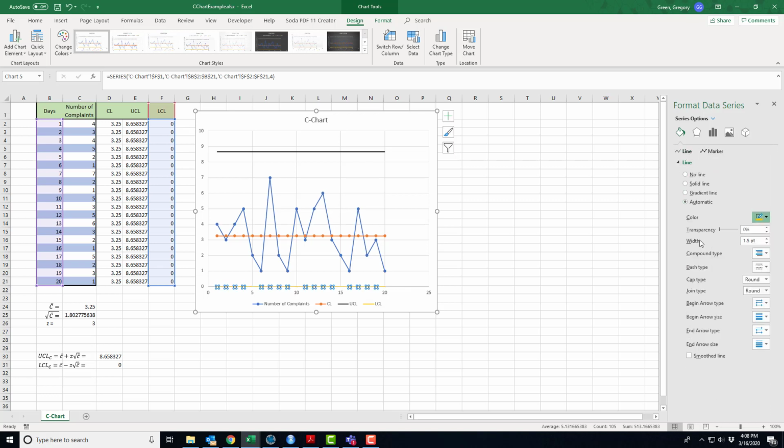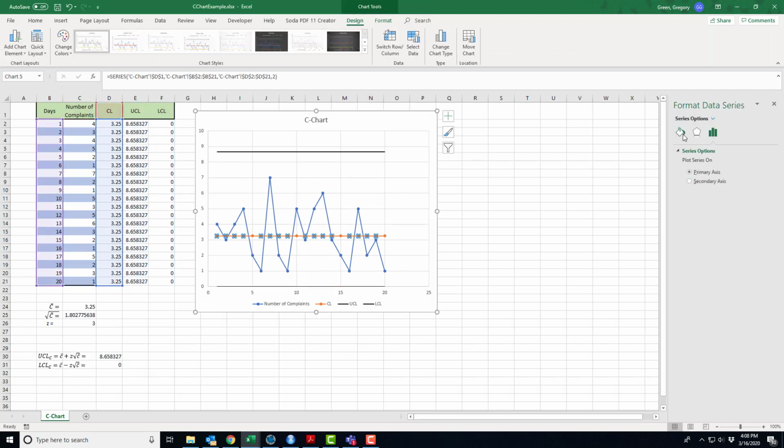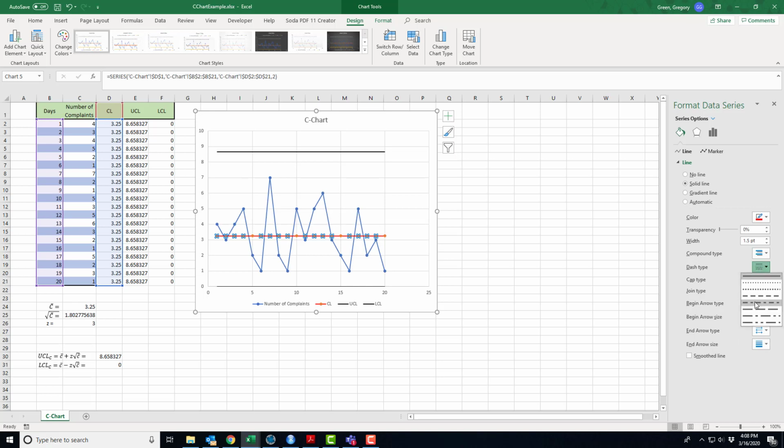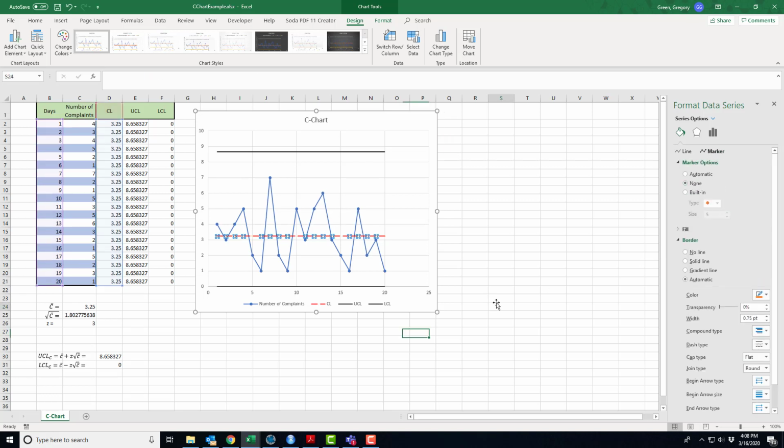I make it a black line. And then the center line. For the line, I want it to be red. And I like those long dashes because it distinguishes it from all the other lines. And then the markers, I want them to disappear. So I'm going to remove them.